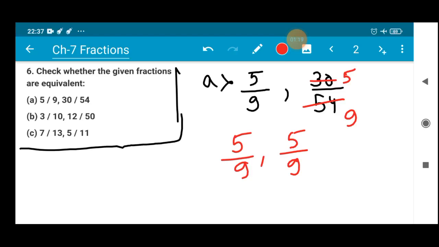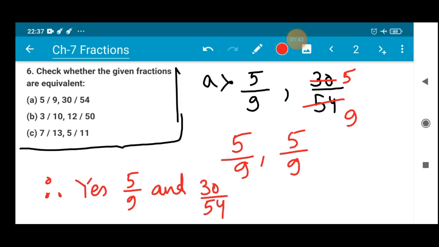If after reducing this into the simpler form you are still not getting the same fraction, then you will say the given pair of fractions are not equivalent. So here you will write yes, 5 by 9, and don't write 5 by 9 again, just write in the question whatever fraction is given.